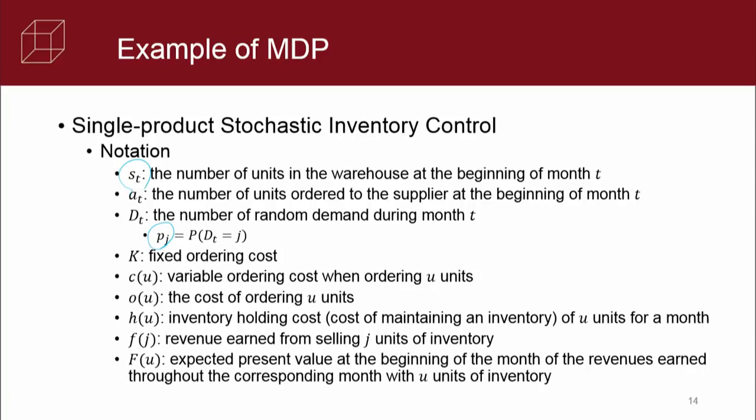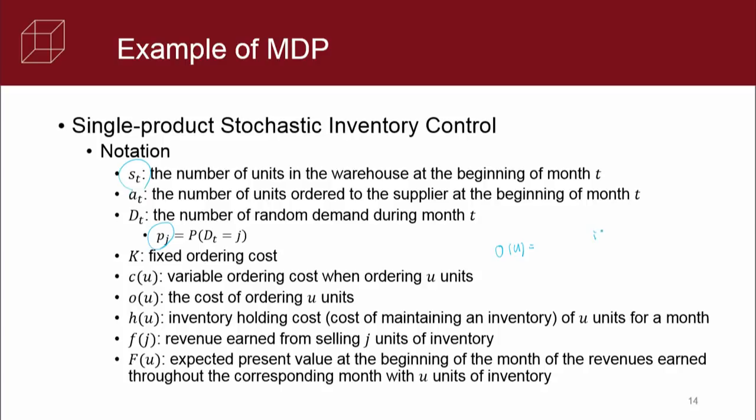And K is the fixed ordering cost. It is incurred when you place an order. c(u) is the variable ordering cost when ordering u units. The variable ordering cost increases proportionally as the number of ordered units increases. So O(u) is the cost of ordering u units. You can think about O(u) in this way.